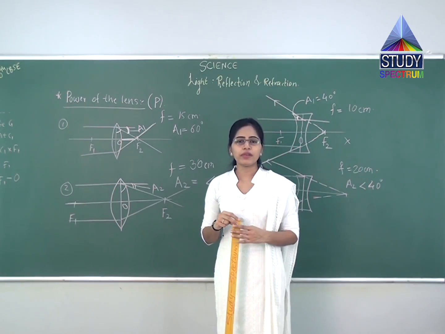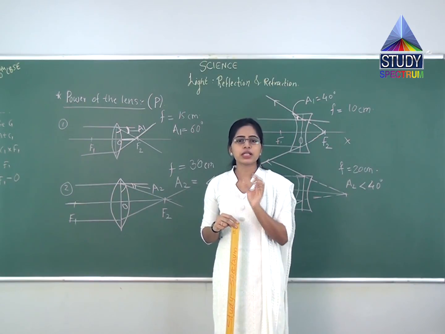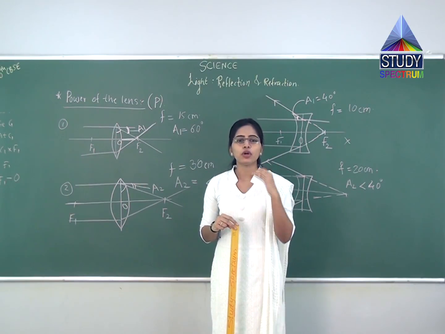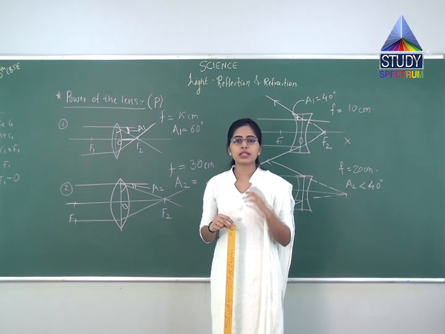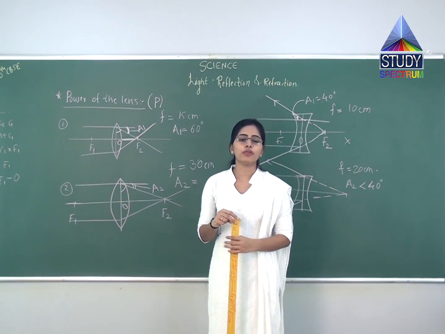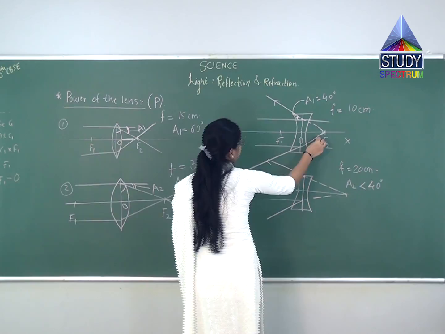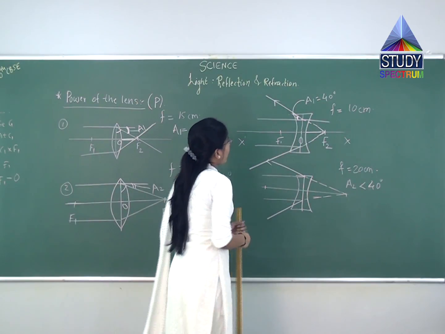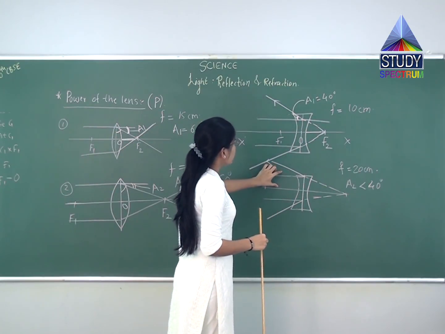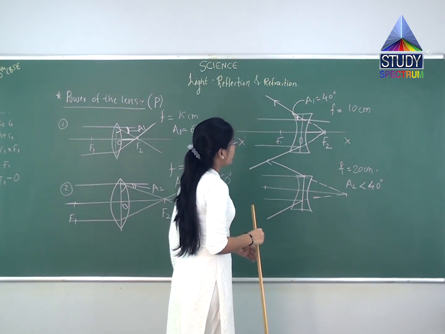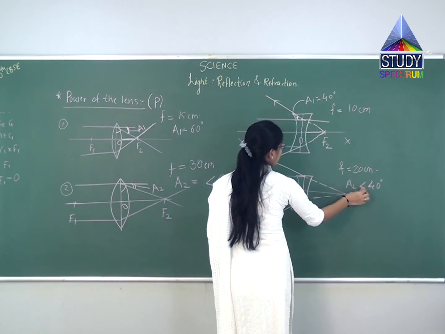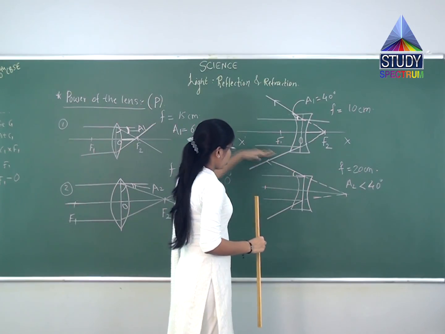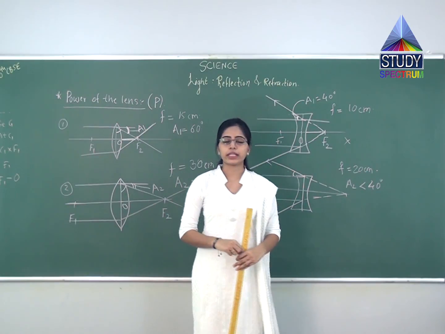And for a concave lens, I will repeat, a very short focal length causes higher divergence than one with a longer focal length. Here the divergence caused by the short focal length is more, means the angle will be greater here, and here the angle will be smaller. That's why I have written less than. At a smaller angle the divergence of the rays takes place.